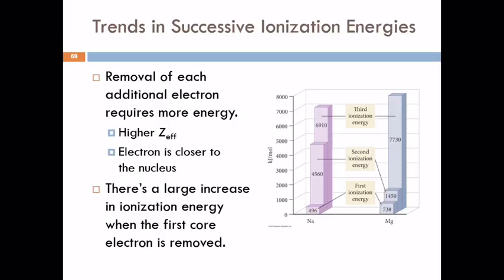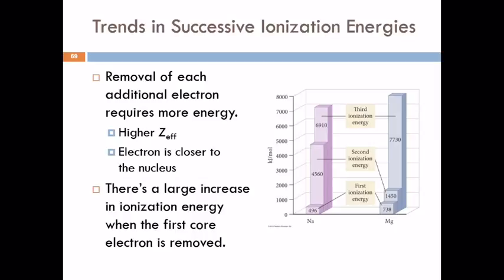Now, what about a second ionization? First ionization is removing 1 electron from an atom. The second ionization energy is how much energy is needed to remove a second electron, so you're removing 1 electron from a +1 ion. And we see that the second ionization energy is higher than the first, which makes sense because now you're taking that electron from a charged ion.